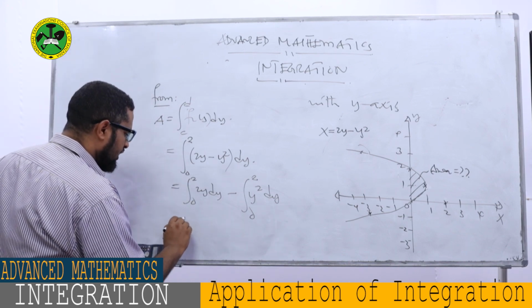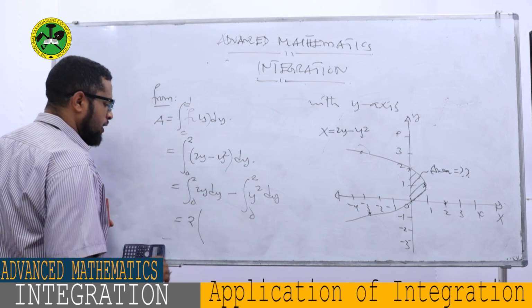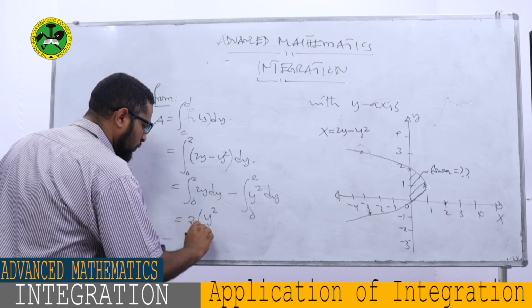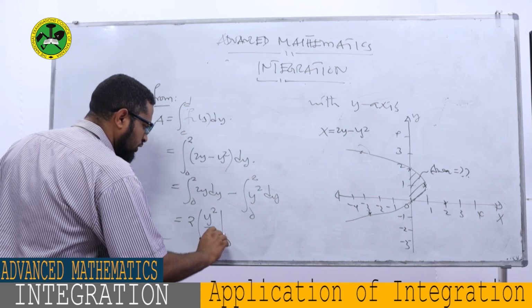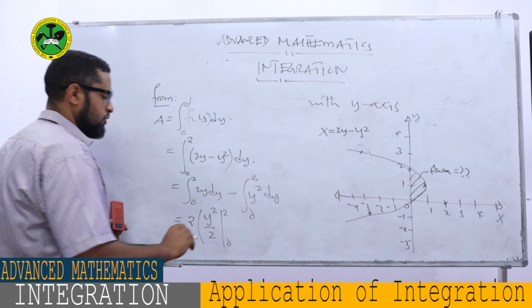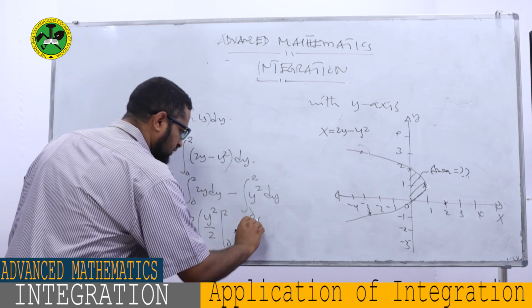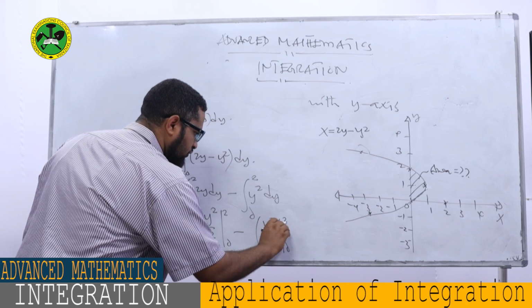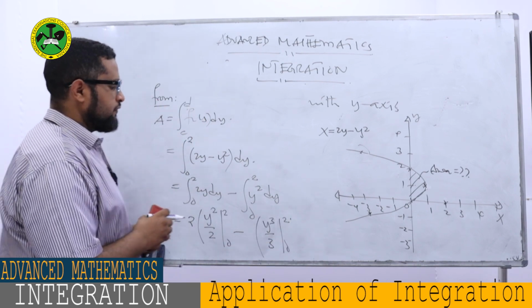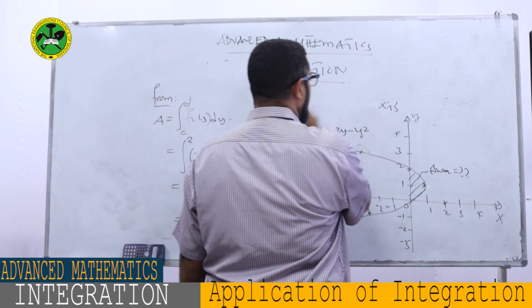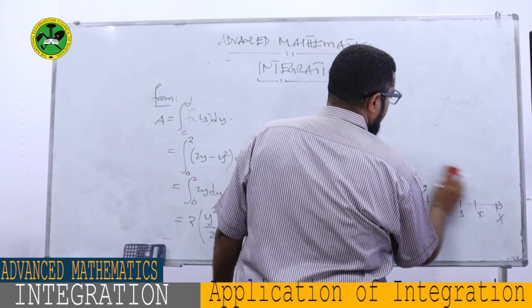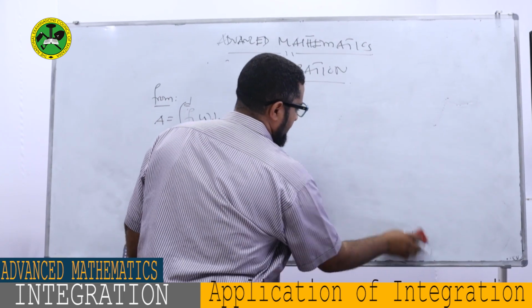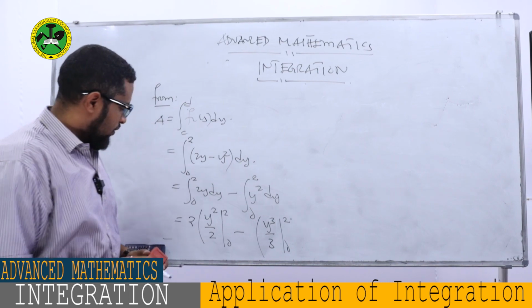If we integrate here, you'll be having 2 times y square over 2 from 0 to 2, minus y to the power of 3 over 3 from 0 to 2. That part is very easy, substituting in.